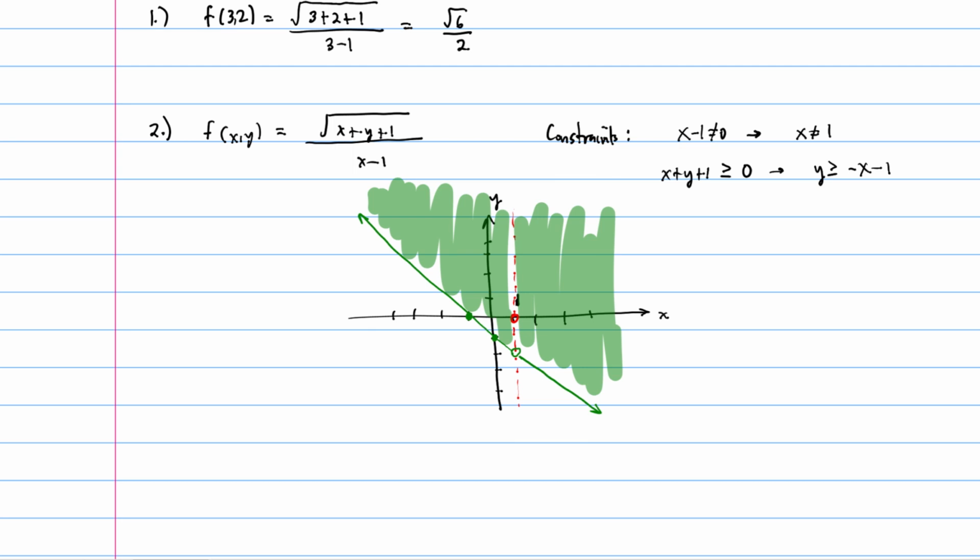All right, so after all this analysis, what we found then is that this is our domain geometrically. It's like a half plane, but it's then separated by this vertical asymptote where x equals 1. That is not allowed. Okay, so that's how we can find and then visualize the domain of the function. This is just the domain, right? This is not the range of the function, just the domain. So that's it. That's what we've got right here.